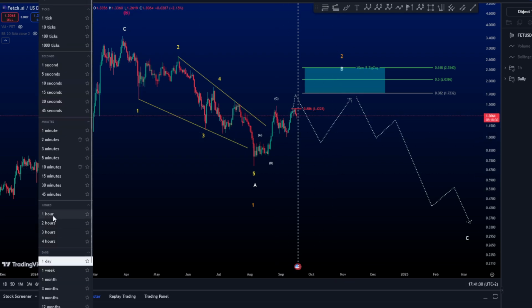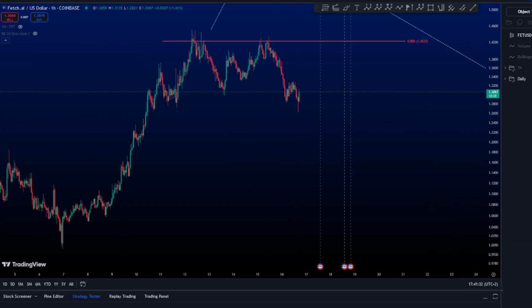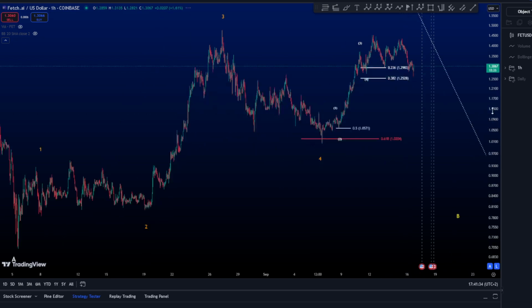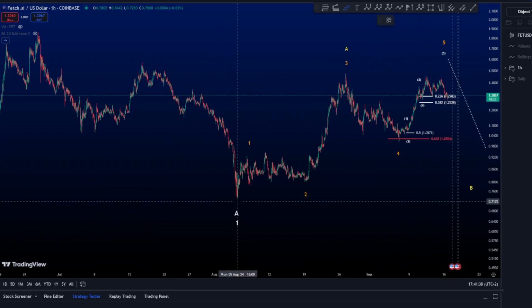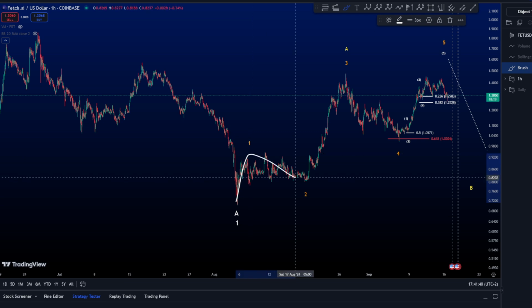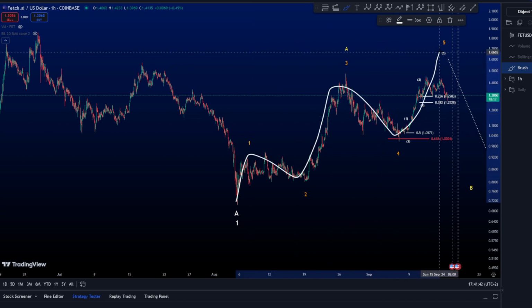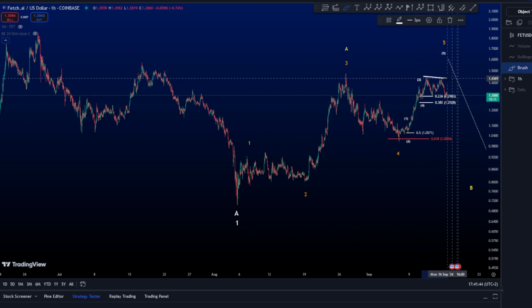And if we look closer into the 1 hour chart, I would like to dive a little bit more inside it. So as we can see here, we have a 1, 2, 3, 4, 5 invalidated because of the truncation.